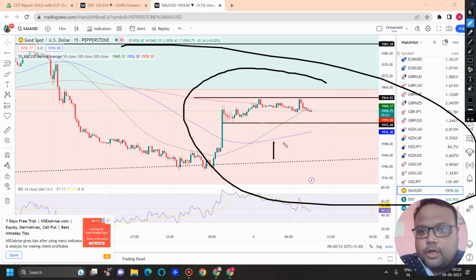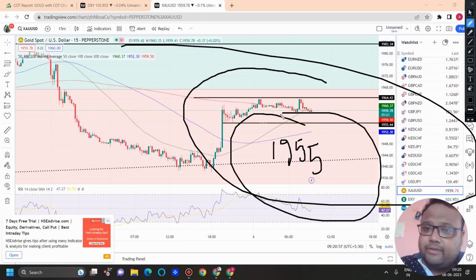If gold breaks the 1955 level, observe the volume and volatility. If you see the market going down with a big red candle, you can look for a sell position. You can expect 30 to 40 pips, with the market hitting 1950 to 51.